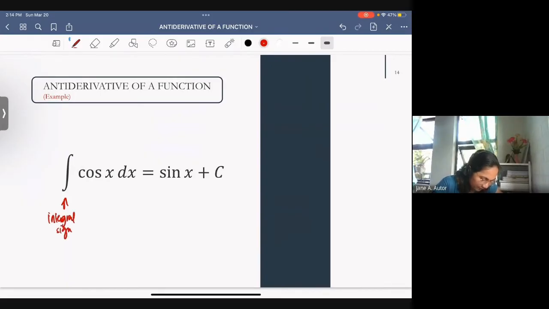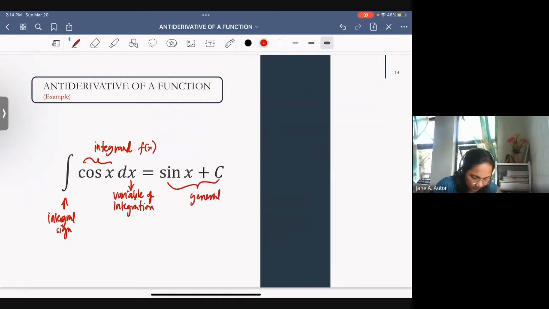We also have our integrand. Okay, this is our f of x, the variable of integration, and then our general antiderivative, derivative of a function.